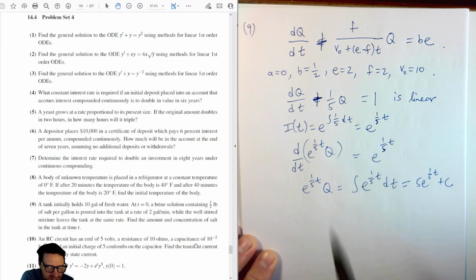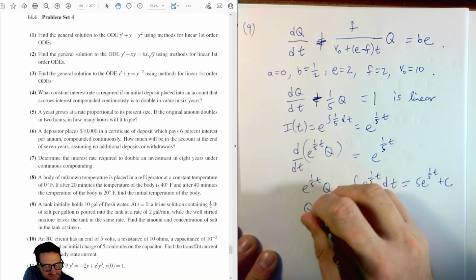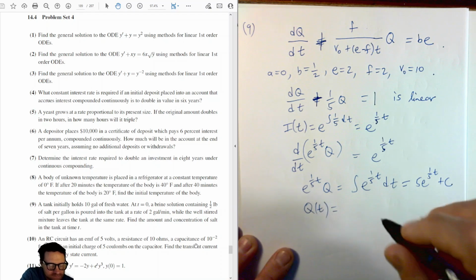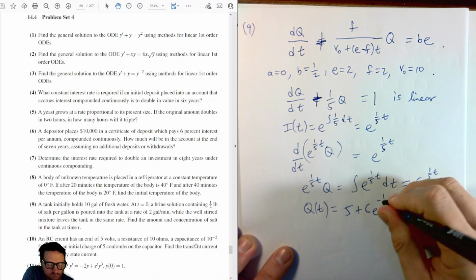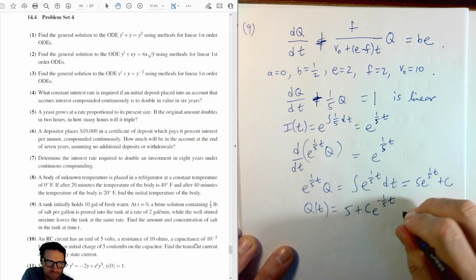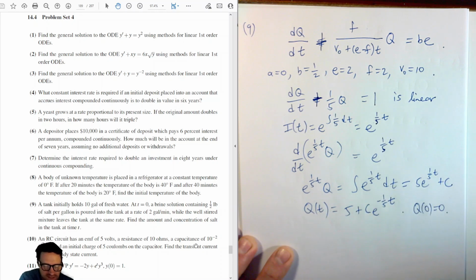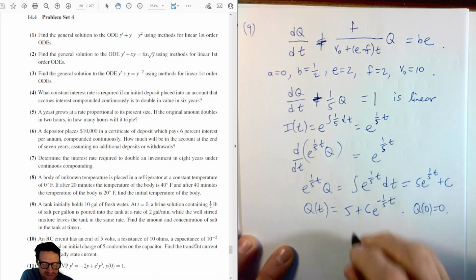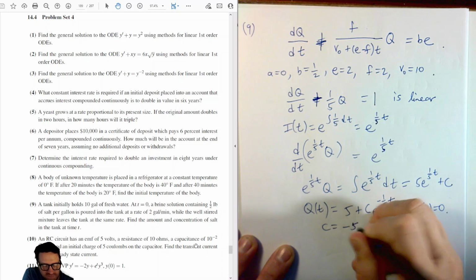All right, now dividing both sides by e to the 1/5 t, we have q as a function of t is 5 plus c e to the minus 1/5 t. Okay, now we are given in the question that q of 0 is 0. And so that tells you, subbing 0 in here, that c must be equal to minus 5.